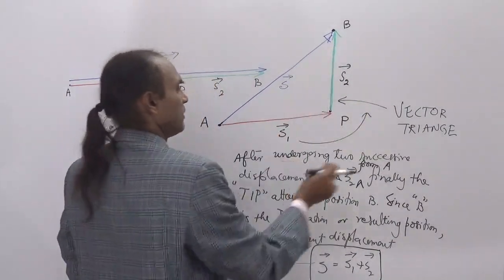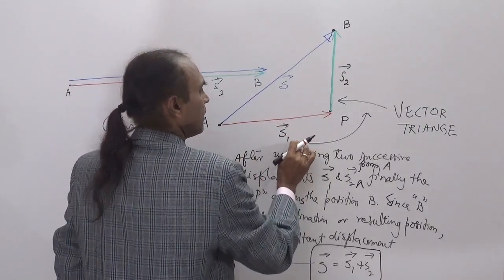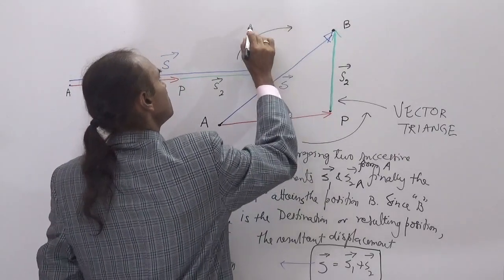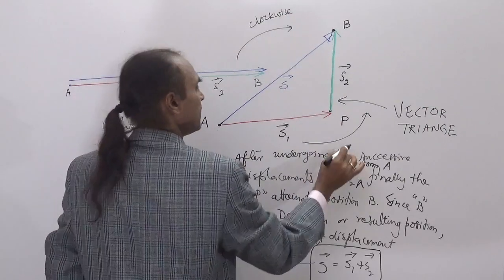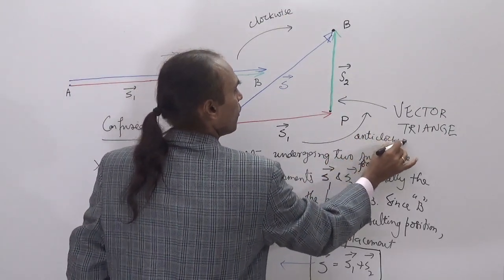If this is clockwise sense, if this is anti-clockwise sense, this will be clockwise sense. This is clockwise. This is anti-clockwise sense.